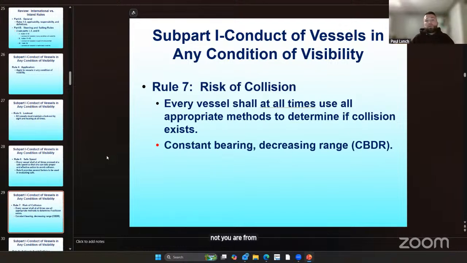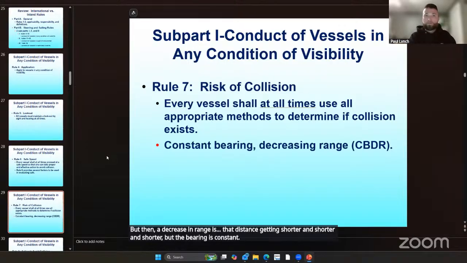If me and Laurie were standing in a classroom, I could say Laurie bears 0 degrees from me, which is north, but I bear 180 from Laurie. So a constant bearing is the angle between two objects, whether it's two vessels or two people or a car and a wall or whatever, right? That's a bearing. A decrease in range is that distance getting shorter and shorter and shorter, but the bearing is constant.